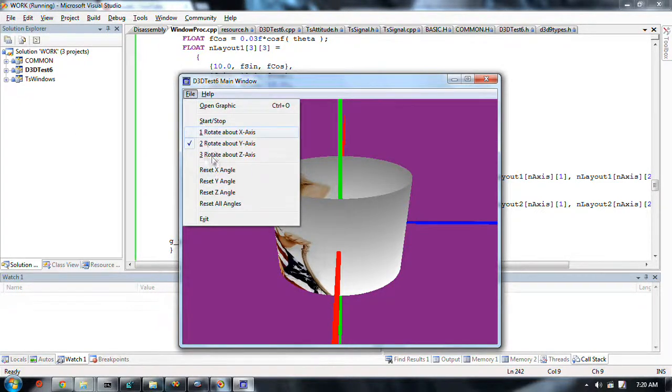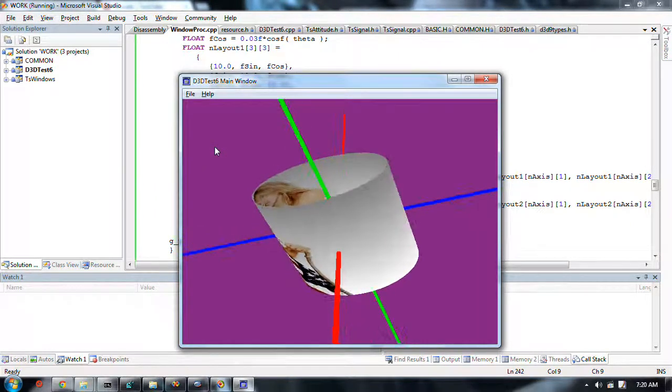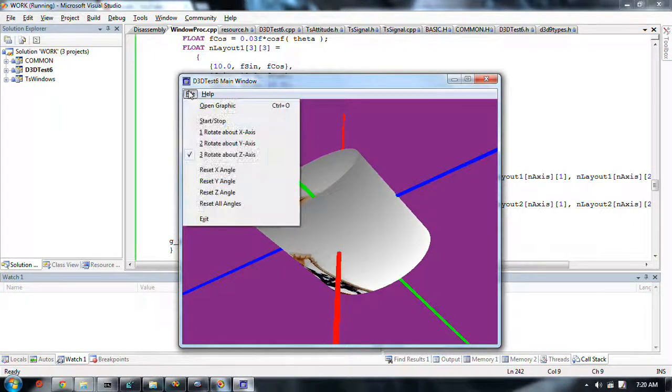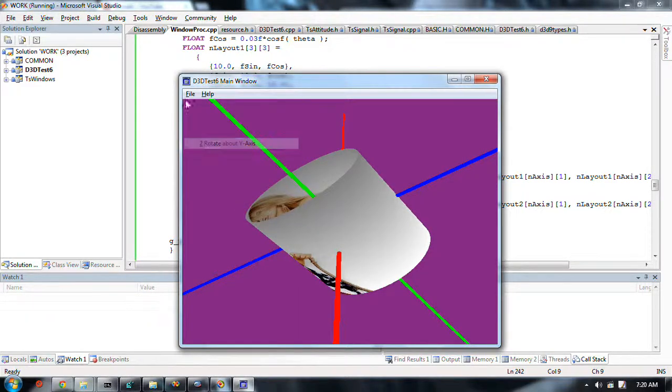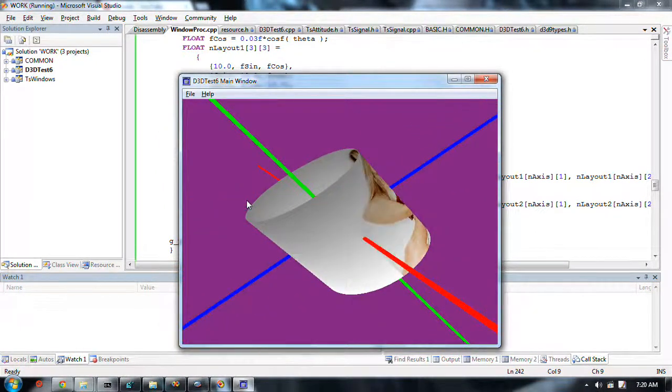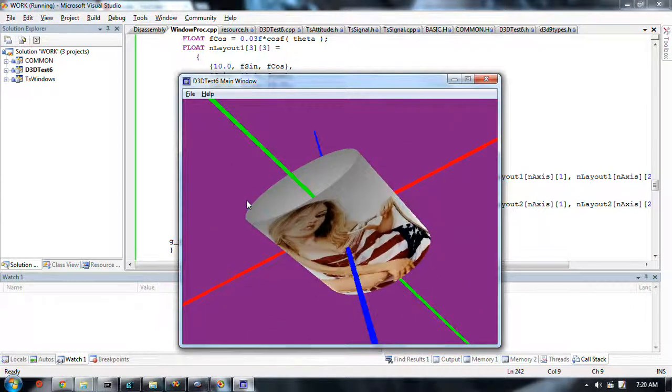One of the other crazy things is, okay, you rotate a little bit about one axis. And then you start a rotation about another, just a different axis. And that, oh, actually that works out pretty good.